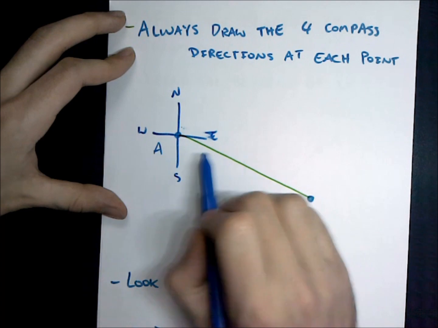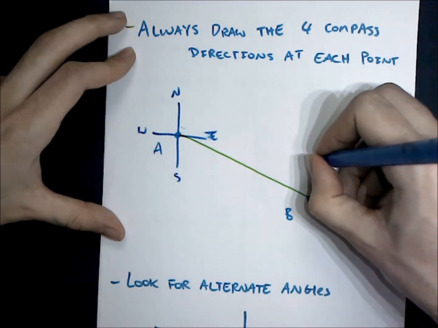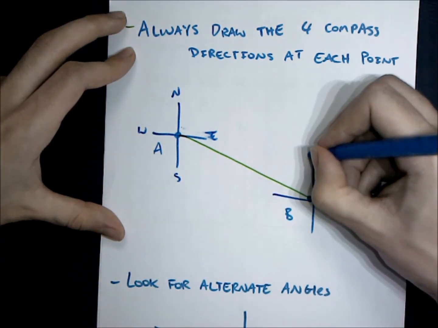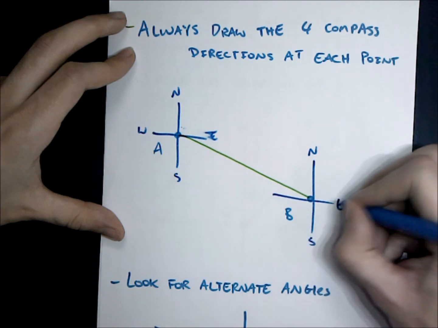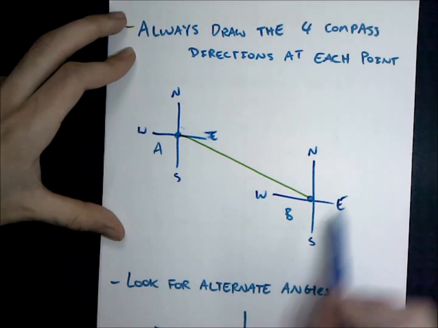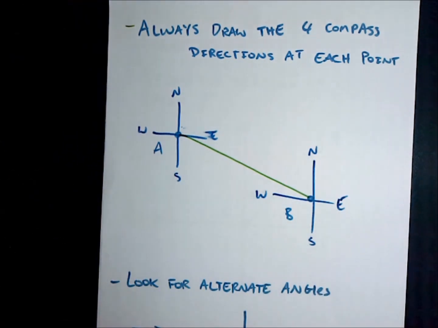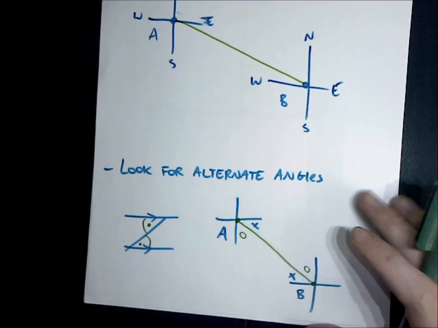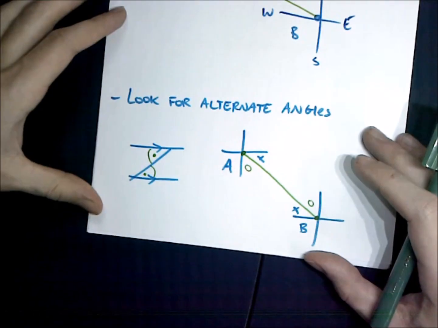Then we can fill in any directions and angles we have, and the same again for where we're finishing. Once we fill in all these different parts, it's usually fairly easy to complete the rest of the question.